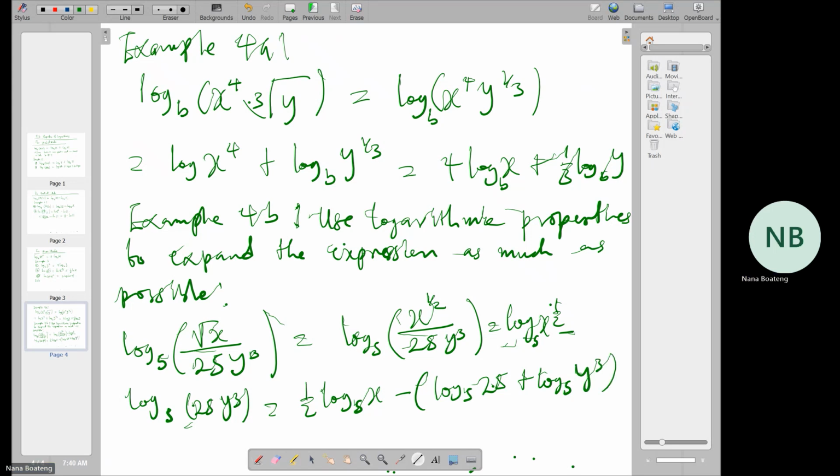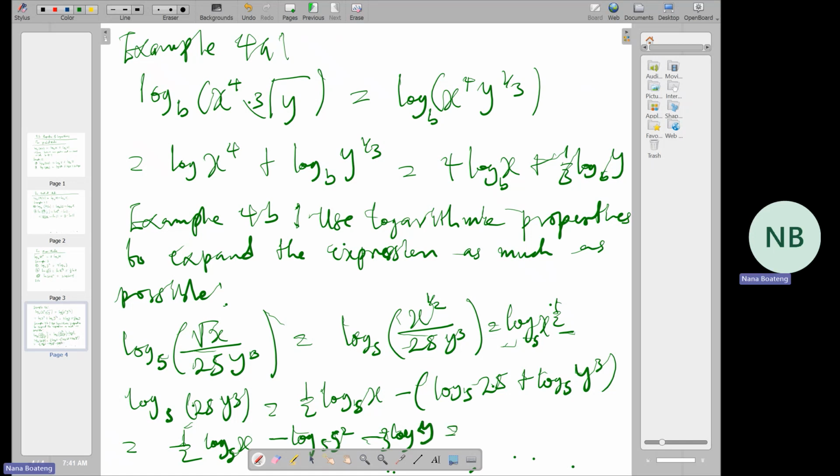And this equals 1/2 log base 5 of x minus log base 5 of 25, which is the same as 5 squared, minus 3 log of y.